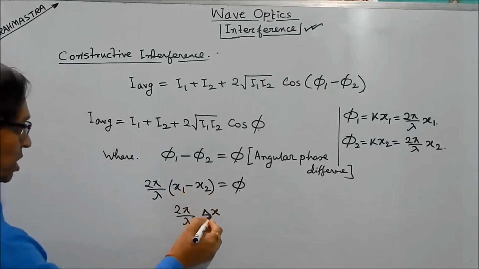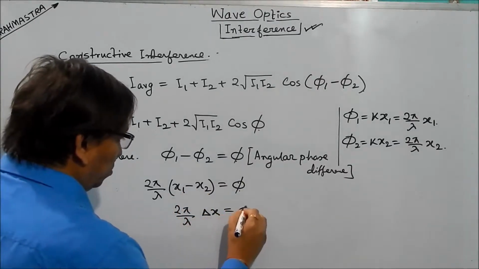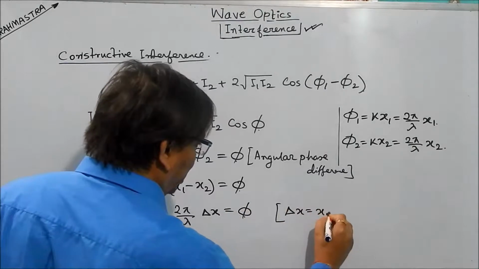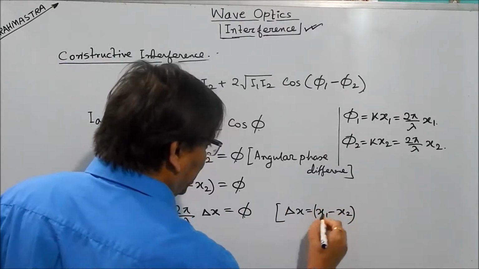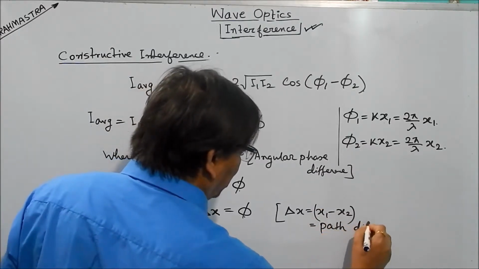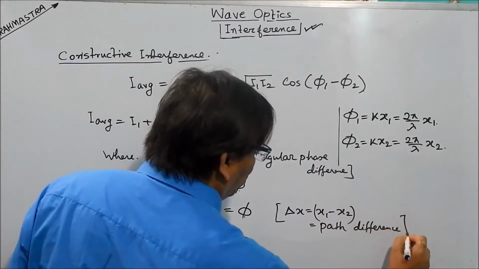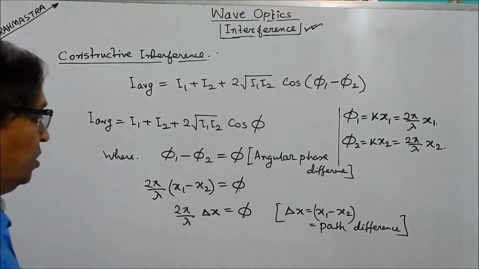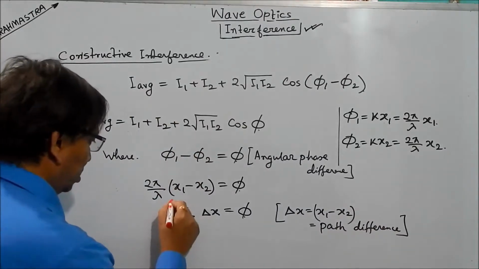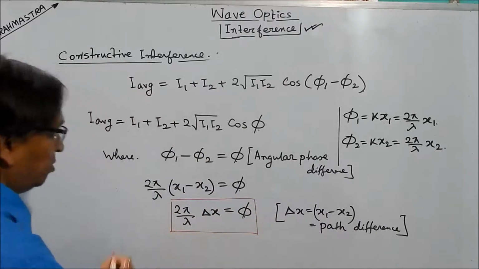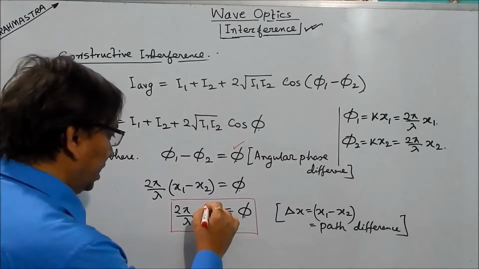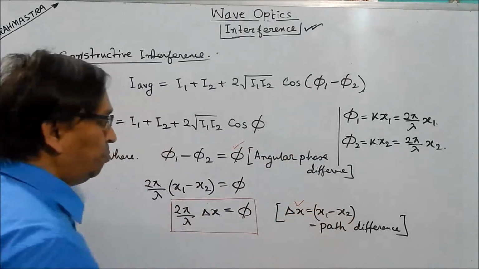I am writing x1 minus x2 as delta x, where delta x is equal to x1 minus x2, and this is called path difference. Students should remember this formula. This is very important, and the two terms which are very important: one is this phi, which is angular phase difference, and another is this delta x, which is the path difference.